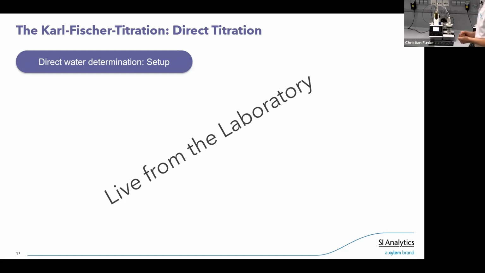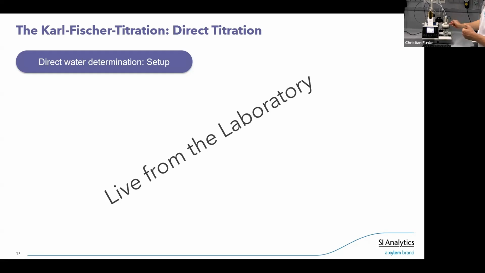This exchangeable head has an RFID chip on which all the information is stored. I told you at least in one sentence that different concentrations of the titration reagents are available. So the real concentration is stored on this RFID chip, and even if you have different solutions here, you can easily remove the exchangeable head and add a new head.